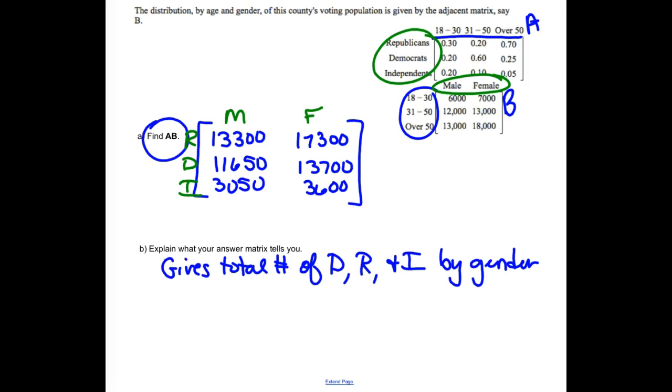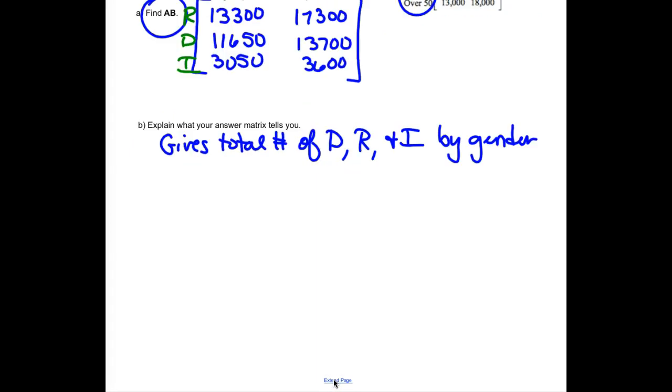I multiplied them, yes, using the calculator. A times B. Yep, row times column.